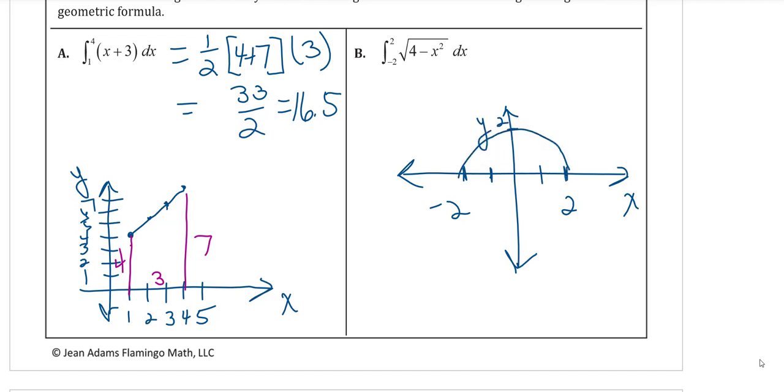So now what I can do is just find the area of half a circle with a radius of 2. So I'm going to take 1/2 pi r squared. So that is going to be 1/2 pi times 2 squared. So that'll be 1/2 of 4 pi, so I get 2 pi.